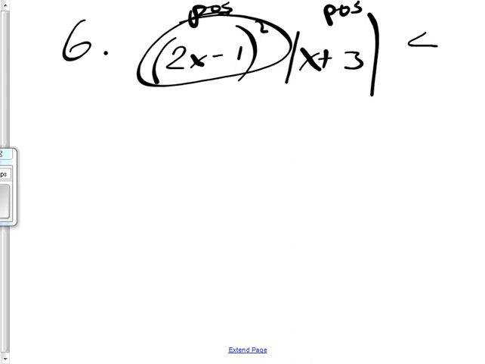Well, it'll never be less than, but could it be equal to 0? Yes. So the only place this will work is if you ever get it to equal 0, because it'll never be less than 0. So we're really just looking for the equal part.